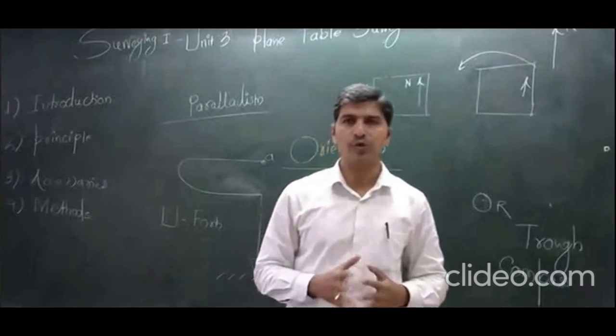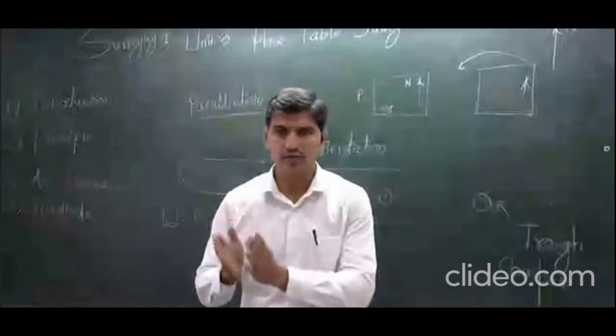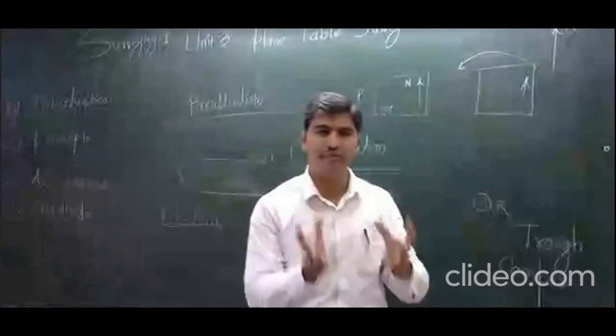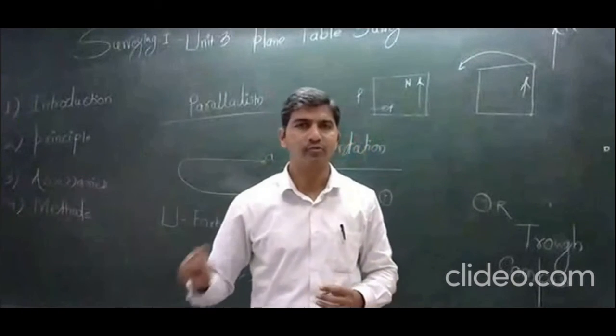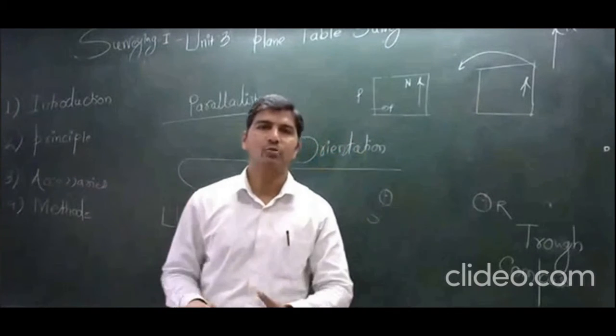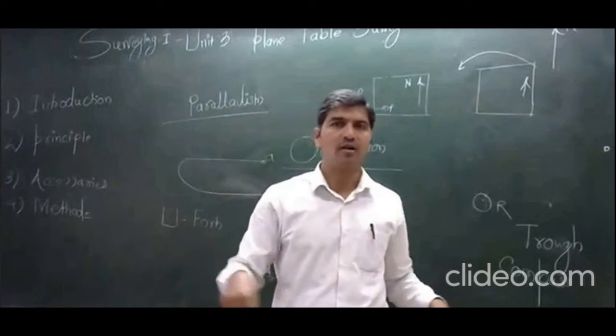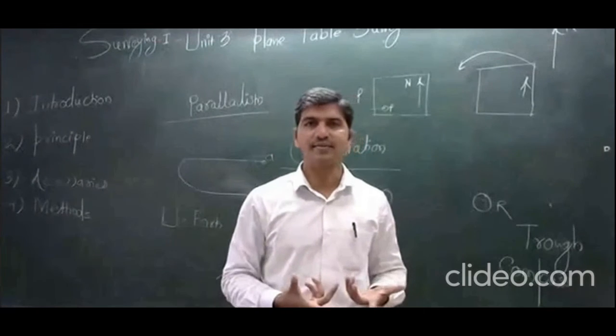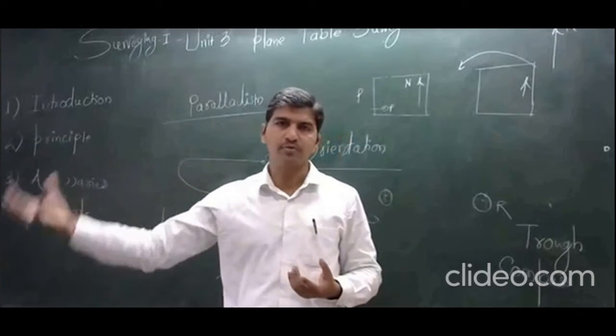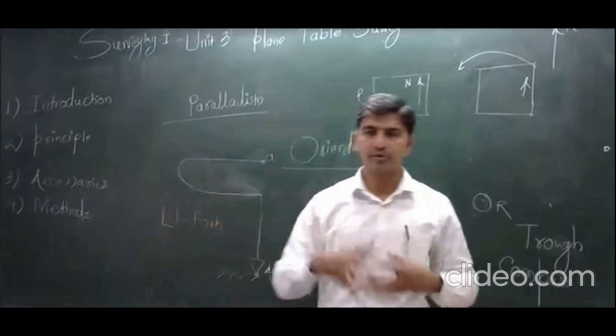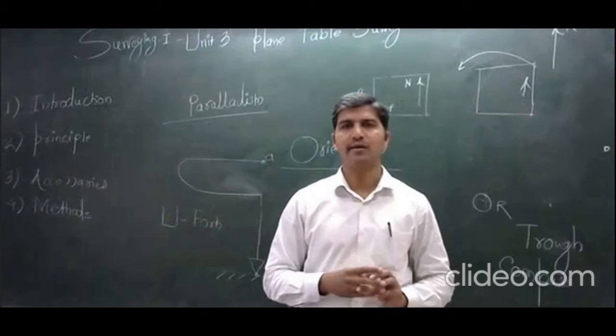In other methods, we go on the field, take the field observations, find out the calculations, and then put the calculations in a graphical mode. So we take the observations on the field, come to the lab and prepare the plan in the lab.